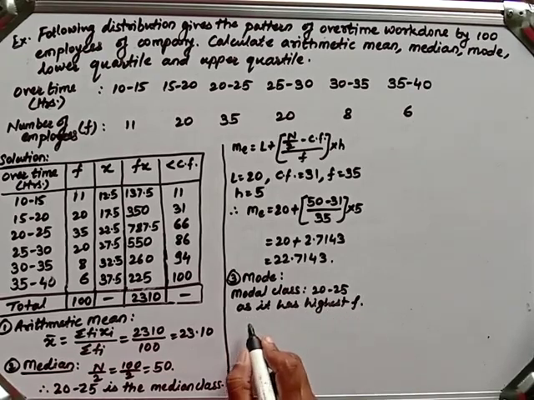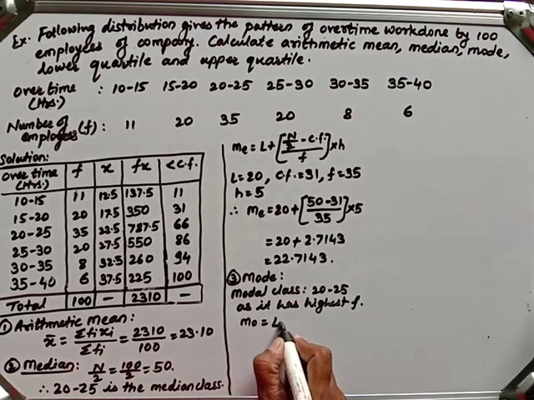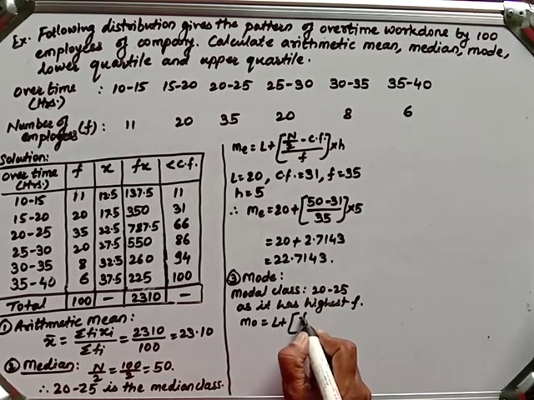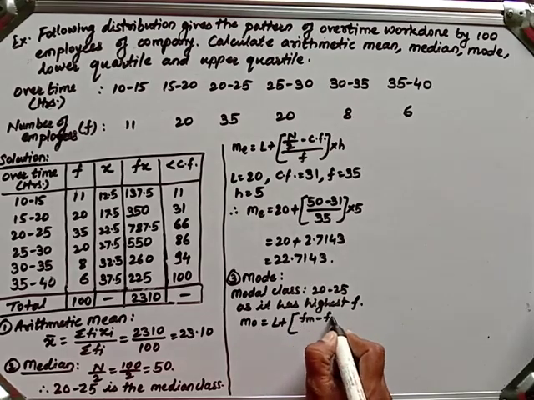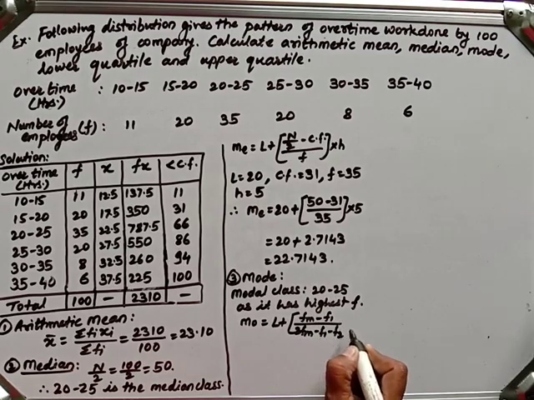Fine. Now what is the result for mode? Mode has the result L plus (Fm minus F1) upon (2Fm minus F1 minus F2) multiplied by H.